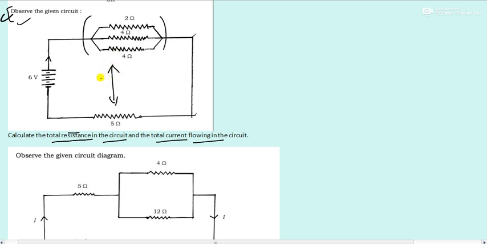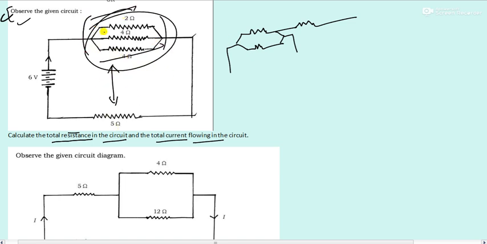So if you redraw this, the single parallel becomes like this, and that is connected to this in series only, because this is just bent. If I elongate it, it becomes like this, right? If it was parallel, it could have been like this, but it's not following here. These are in parallel, but the one which is single will be in series with this.